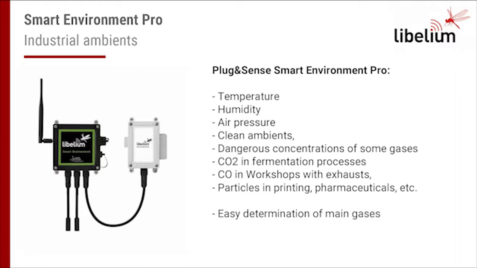The temperature, humidity, and air pressure, of course, you need to monitor clean ambience in food industry, in printing industry, the dangerous concentration of some gases, like in a batteries warehouse, for example, controlling CO2 in a fermentation process, in a brewery, in a cheese factory, controlling the CO in a workshop with exhausts, controlling the particles in the air in printing, pharmaceuticals, etc. It's very easy, the determination of the most important gases in the ambient. So there are a lot of opportunities in the smart environment, outdoor and indoor. Research your market and let's power together the IoT revolution.